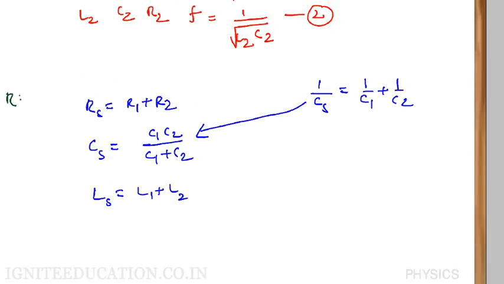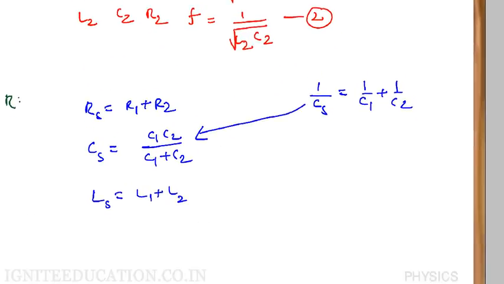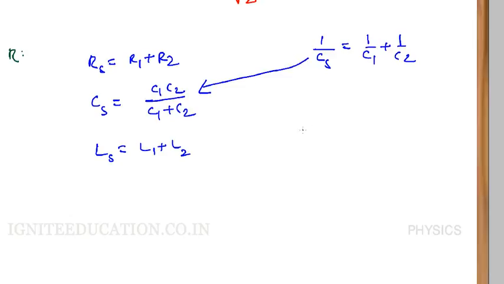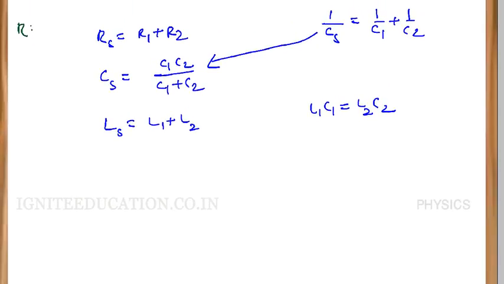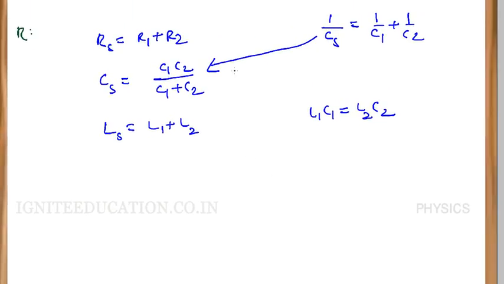Now from equations 1 and 2, it is clear that L1 C1 is equal to L2 C2. So we got four expressions: after combination, what is the resistance, the capacitance and the inductance, and the final relation that we got with the conditions.